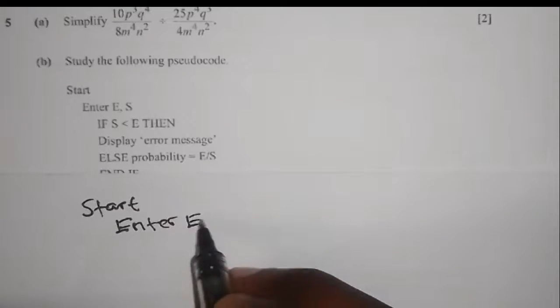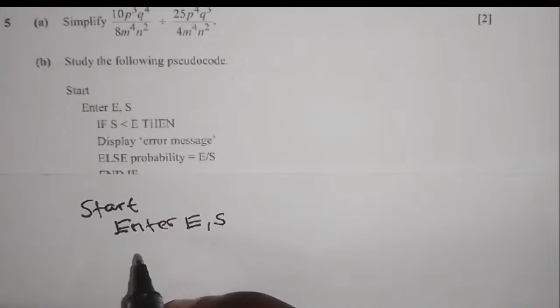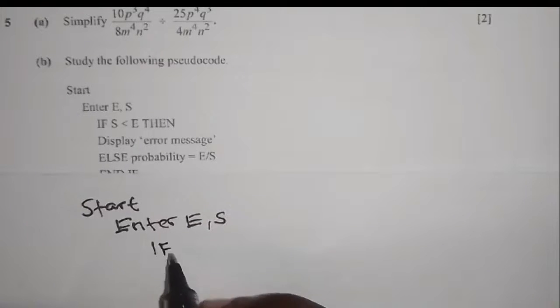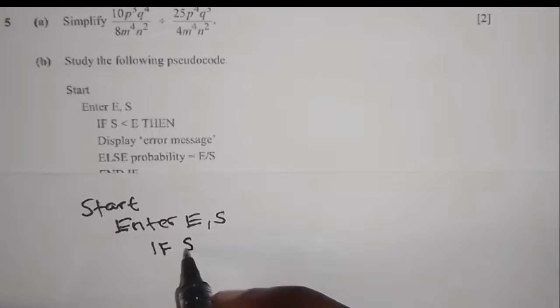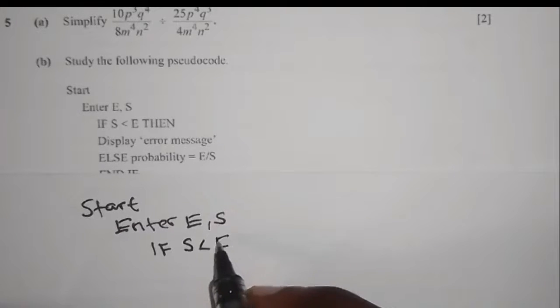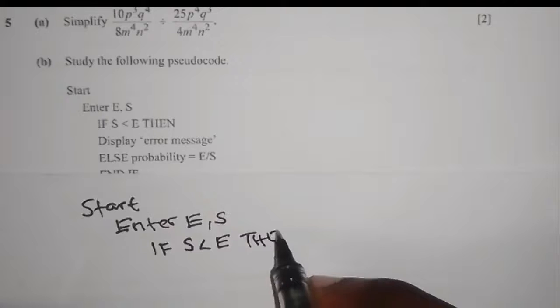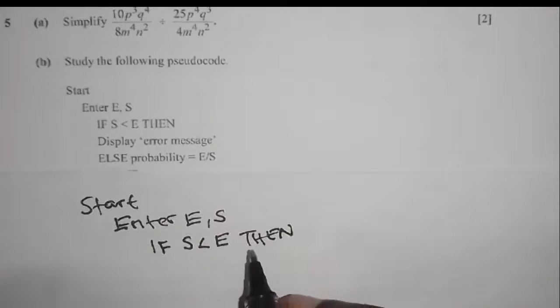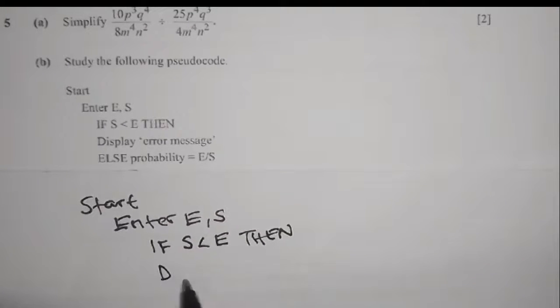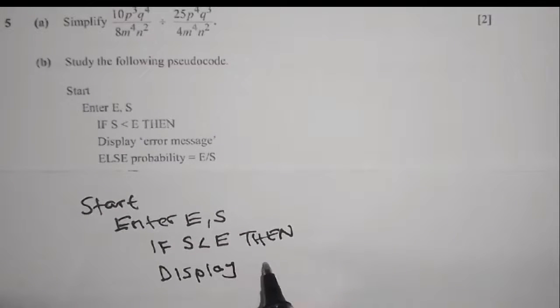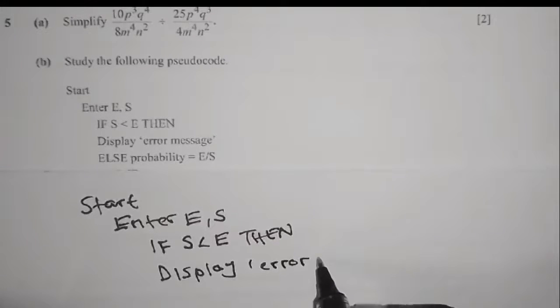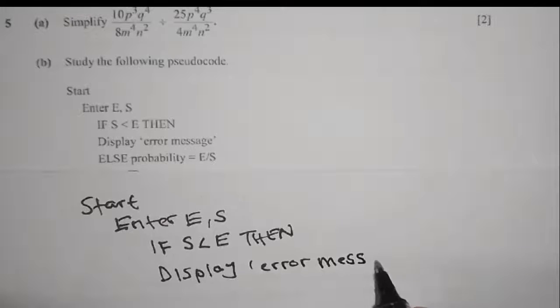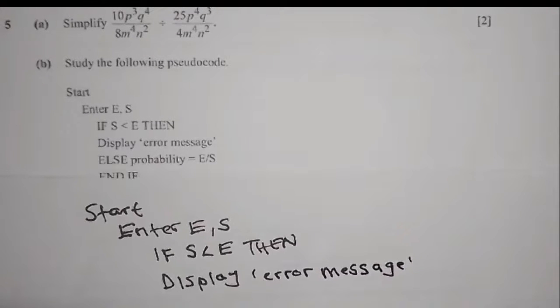Enter E comma S, and if S is less than E, then display error message. Display the error message, okay?